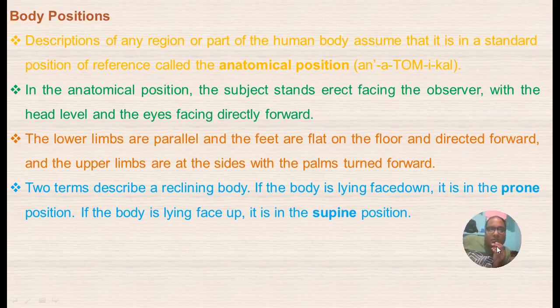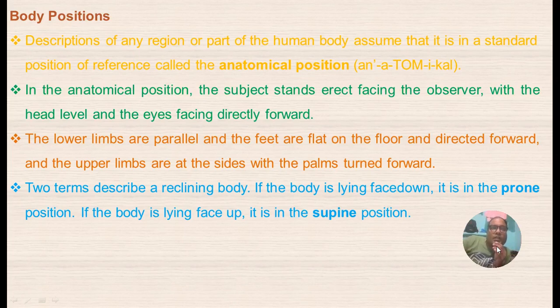The description of any region or part of the human body assumes that it is in a standard position of reference called the anatomical position. Whenever we refer to any body, it is in its standard position, and this is called the anatomical position.